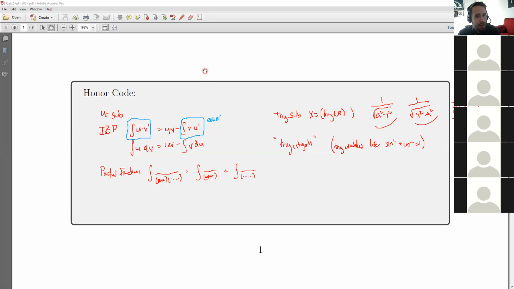We had the three big ones: u substitution, integration by parts, partial fractions. We had our more specialized techniques like trig sub and trig integrals. The final few things that we talked about were not directly integration techniques, but rather more global ideas surrounding integration.